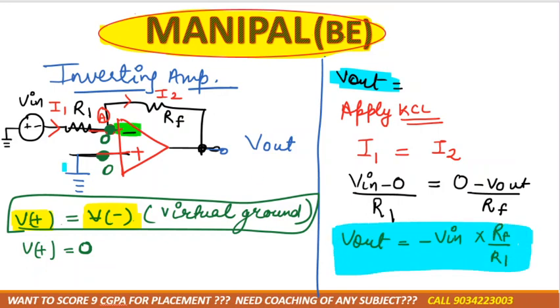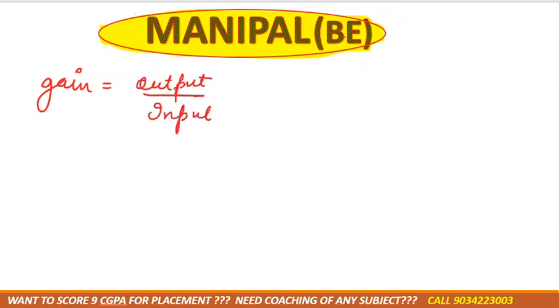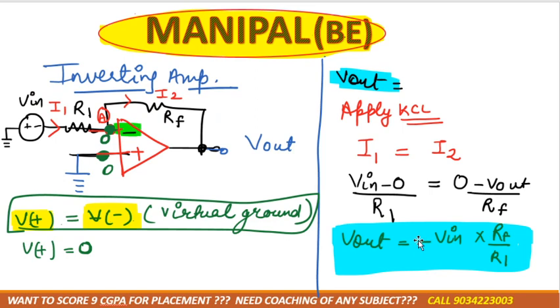Got it? Sometimes in the question they can ask you the gain also. As I told you, gain is output divided by input. And in this op-amp, gain is represented by A, output voltage divided by input voltage. So from this expression we can get that V out by V in is minus RF by R1.